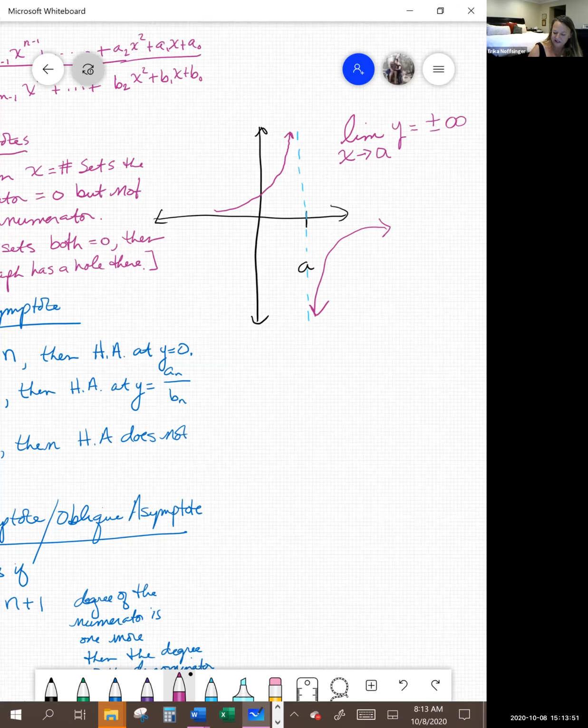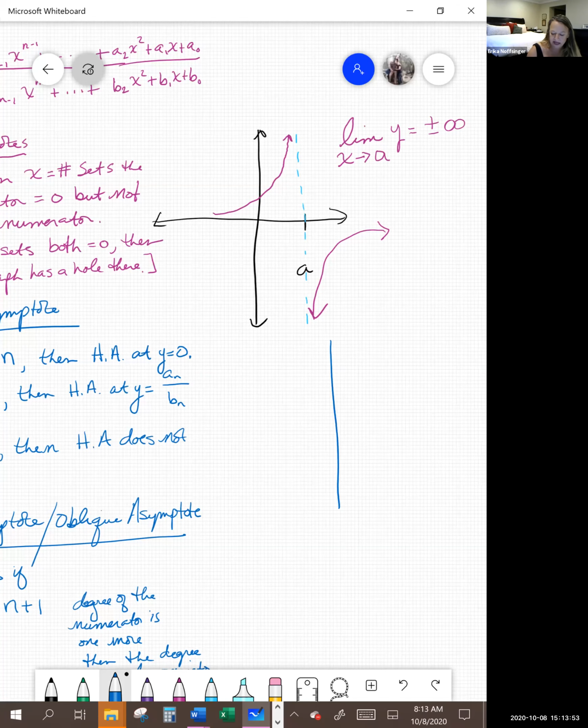Where the horizontal asymptotes were the end behaviors of our graph, we might have some horizontal line, where as x is going to positive infinity, our graph is going to start hugging this horizontal asymptote.